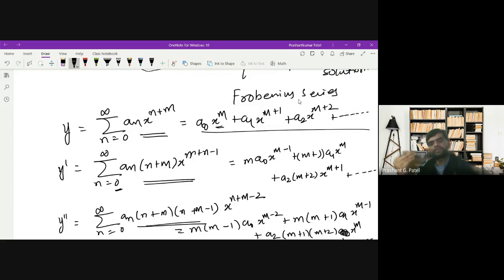Then what will be the lowest degree term? The lowest degree term is actually x power m minus 2.